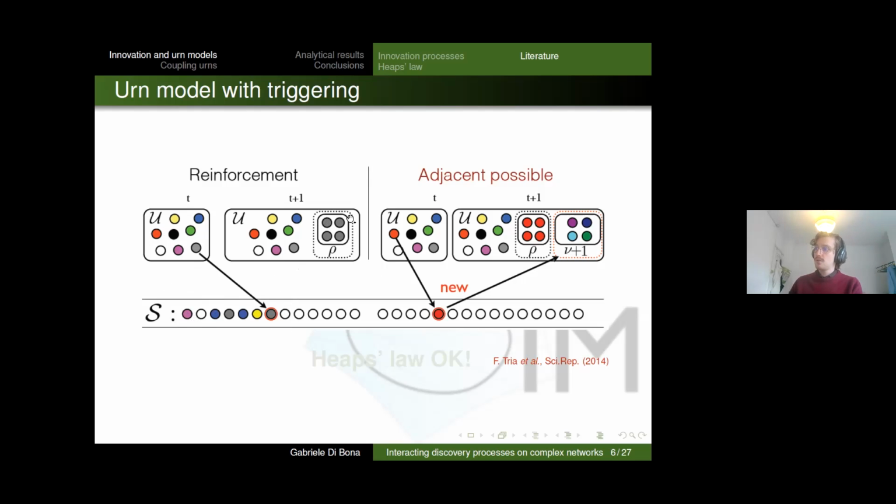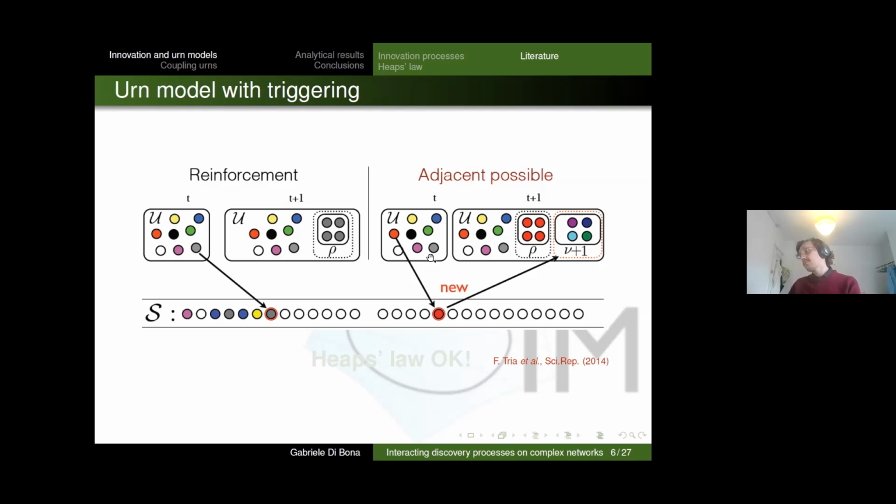At every time step you have a reinforcement of the color. You just add the same number of copies, in this case, of the same color that you just drew. So this reinforces, and there's a dynamic called rich get richer. So in the end, the gray color has higher probability of being drawn. So it's reinforced in our memory.